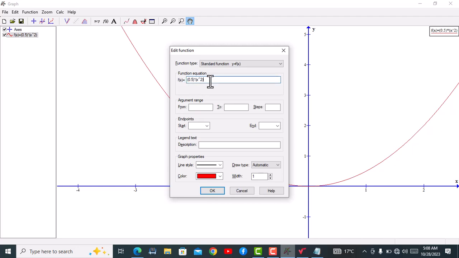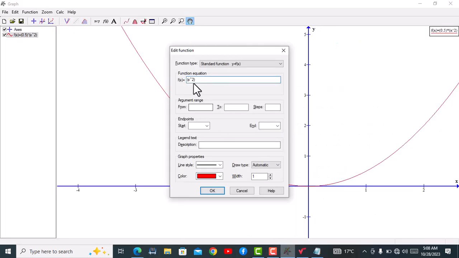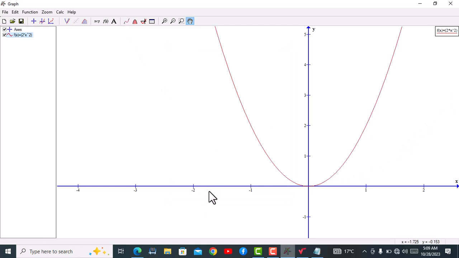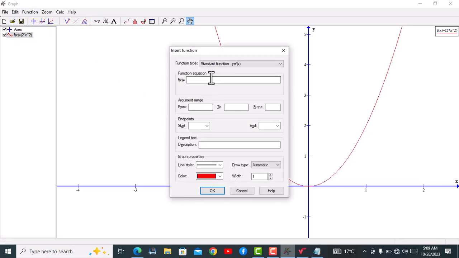So let us try to check whether that will apply in this case. Suppose I have a parabola x squared. This is my function, y equals x squared, and I multiply that by a factor, let me just say 2. So let us see what will happen there. This is what we have.